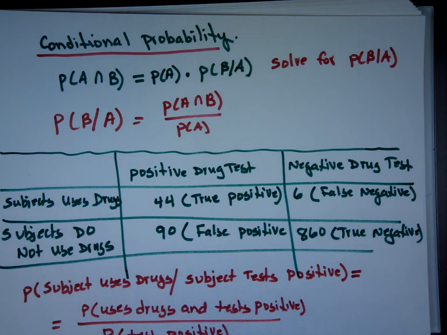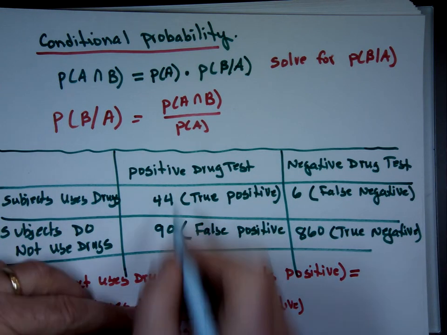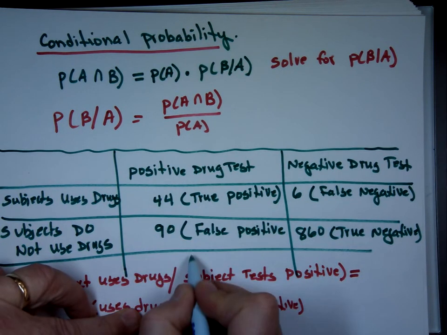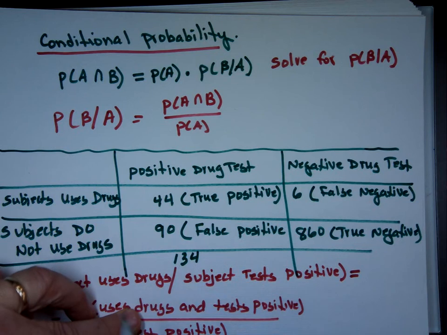By the way, if we add these numbers, which I forgot to add, I can add them right now. 44 and 90, which is what? Positive test drug. That's 134. Negative is what?